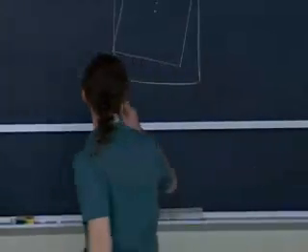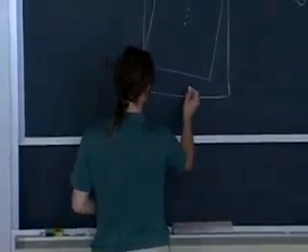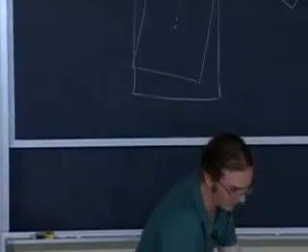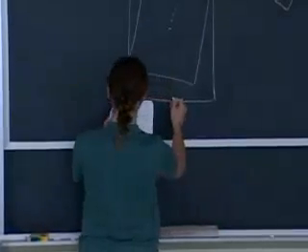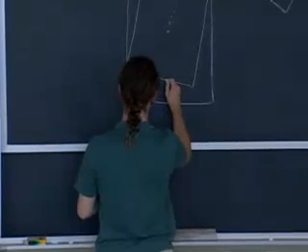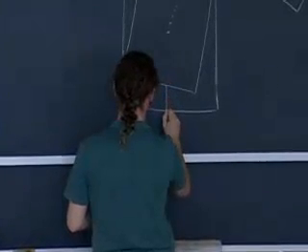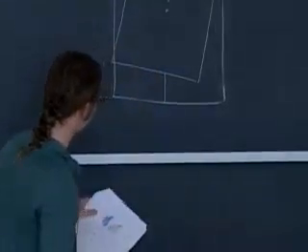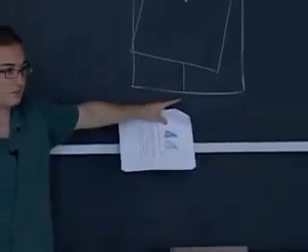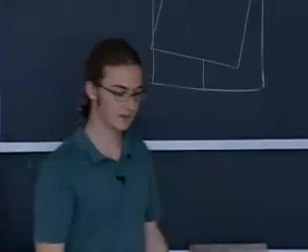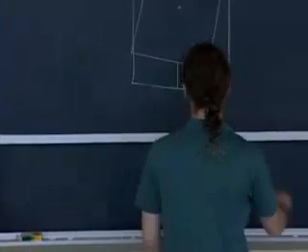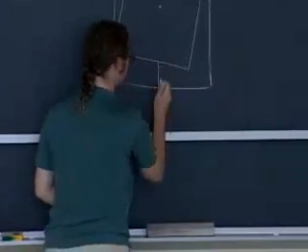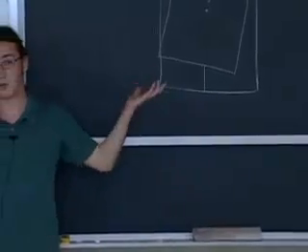So let's look at another one. This is the thing that's going to map to. It's a line, but think of it as a rectangle.